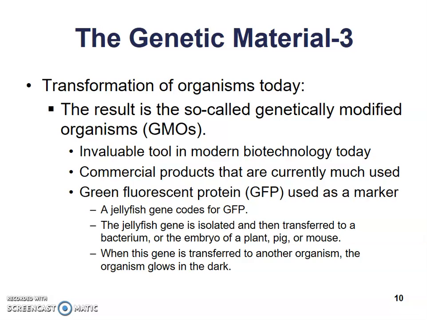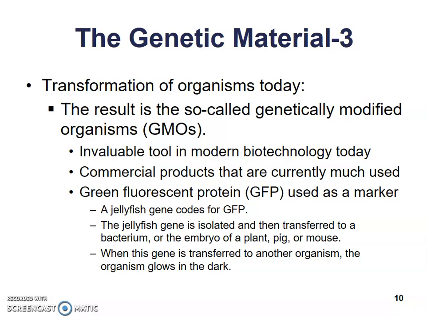Scientists are taking genes from other organisms and putting them into organisms to provide them with a competitive edge, make them able to withstand heat or flood or drought or pests better than organisms that are not genetically modified. Scientists are doing this mainly in agriculture and commercially grown crops to make them more productive so that they don't have to use as many pesticides or herbicides, so that they don't have to water as much, so that they basically get more bang for their buck.